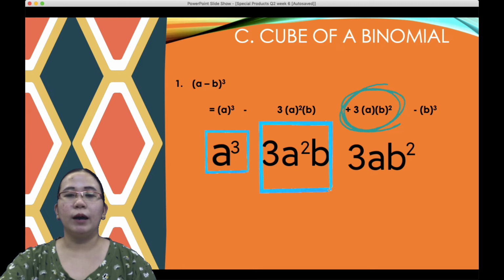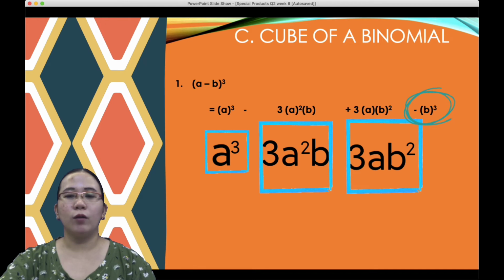So, laging imumultiply natin sa 3 yung first term, then after nun, i-square natin yung second term, saka natin multiply lahat. So, we have 3 times a times b squared is 3ab squared.